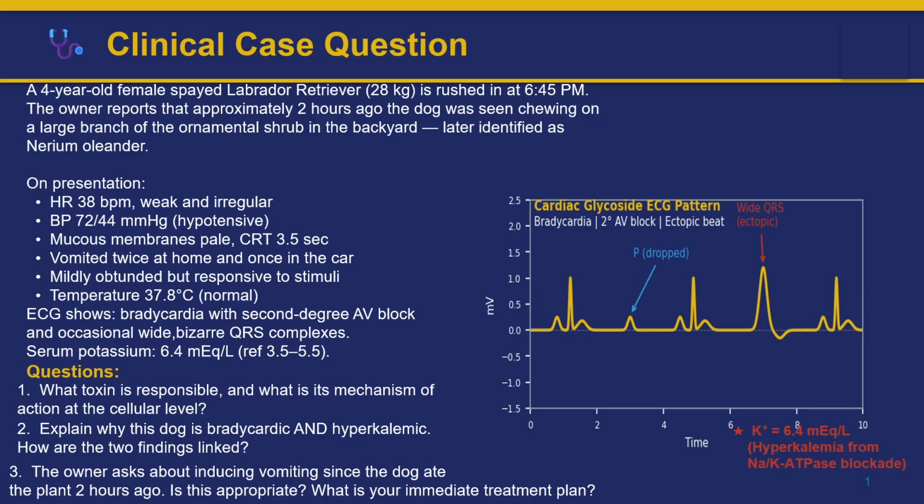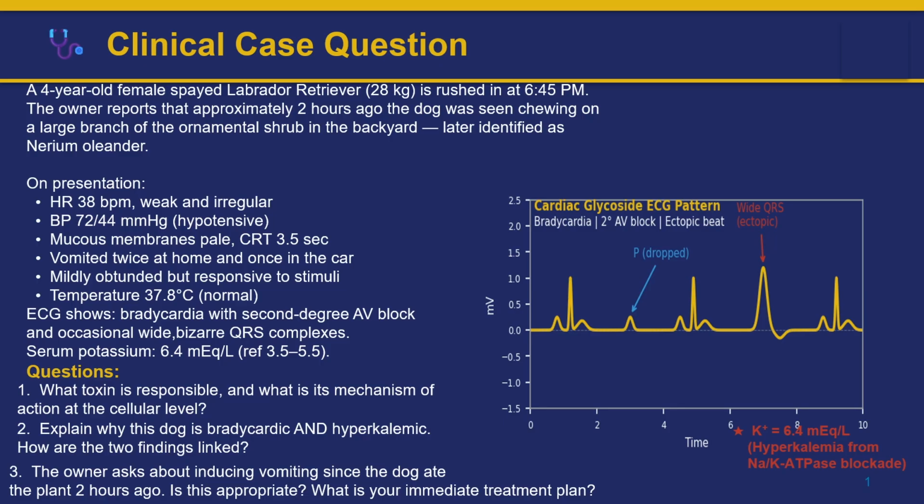The answer to question 2. The bradycardia and hyperkalemia are directly mechanistically linked, and this is a clinically important concept. Sodium-potassium ATPase is responsible for driving potassium into cells. When this pump is blocked by cardiac glycosides, potassium cannot be efficiently moved into cells.